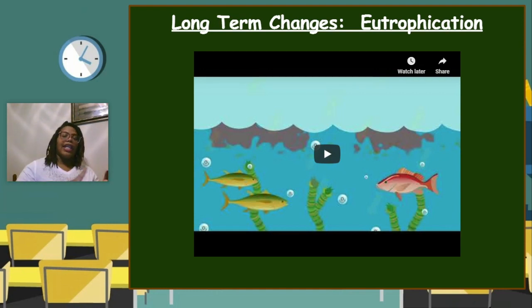So that means that the plants and the animals both end up dying because they can't get enough of what they need. And as they die, they add even more nutrients to the water. So it's kind of like making the problem even worse. But it also said that we can help by not dumping too many nutrients into waterways.